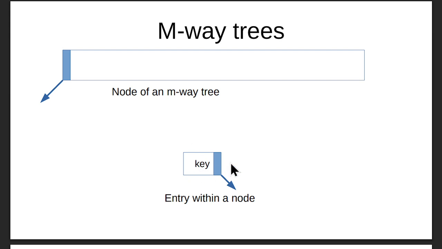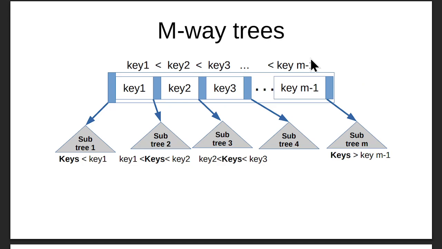We fit 3 key entry nodes into this main node, so that means there are 4 subtrees for a 4-way tree. Regarding the key values within the main node, key 1 is less than key 2, key 2 is less than key 3, and so on.